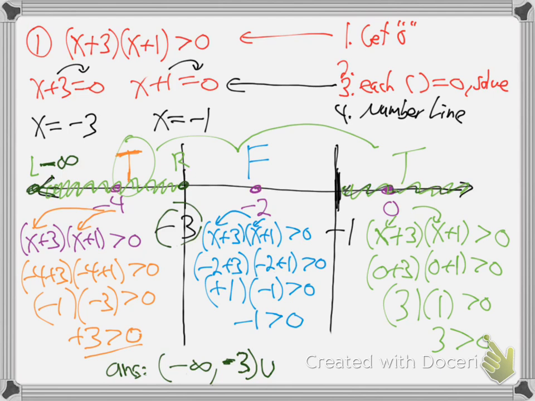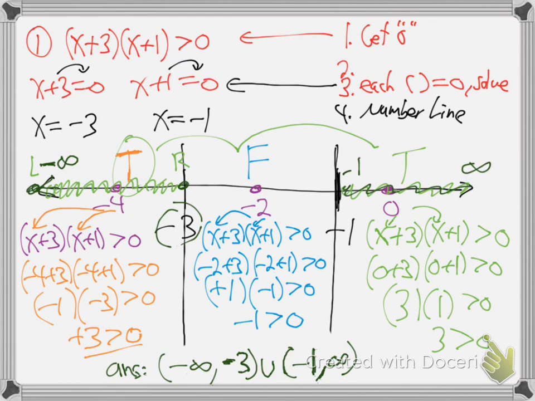This section, what's this section? Left edge is minus 1, right edge is regular infinity. So from minus 1 to infinity.